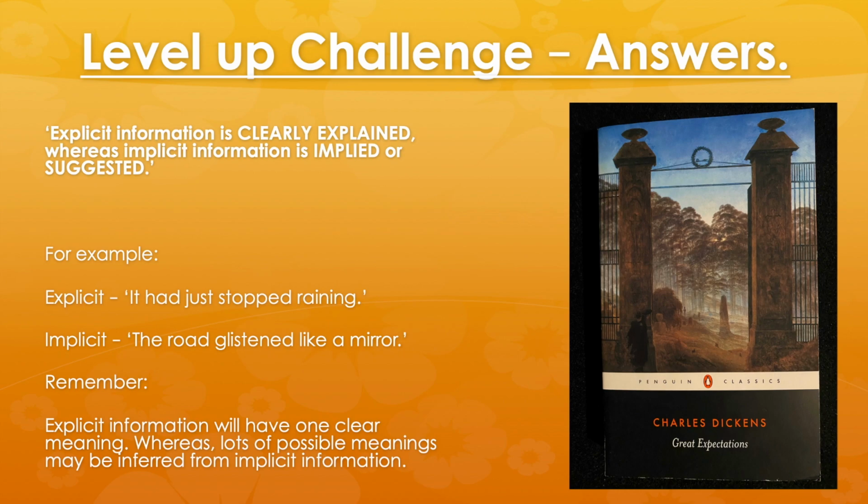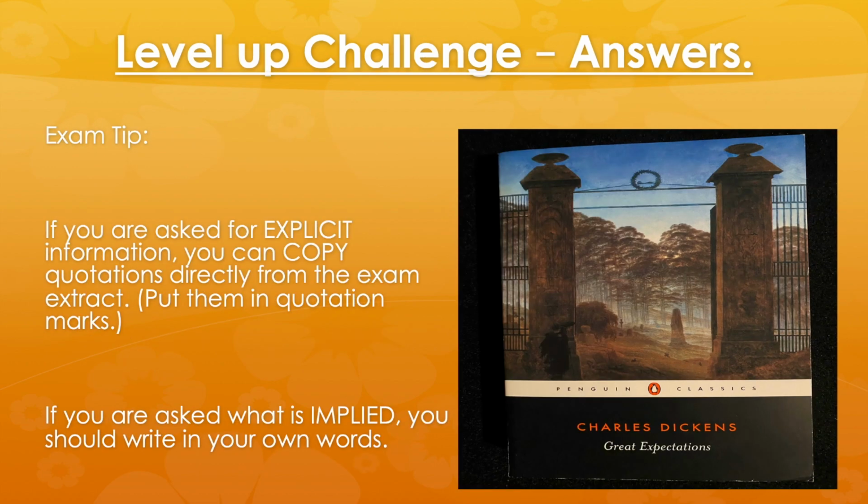And just a little exam tip. In the exam, it's really important to know the difference between explicit statements and implicit statements. Normally, explicit has one clear meaning, implicit can have multiple meanings. And how would you use this in an exam? Well, if you're asked for explicit information, what you're really being asked is to copy quotations.